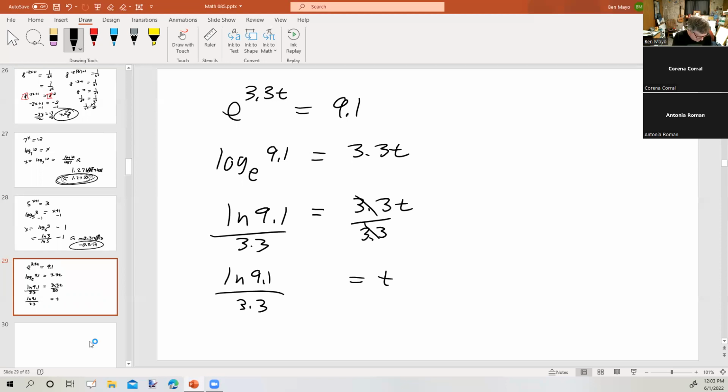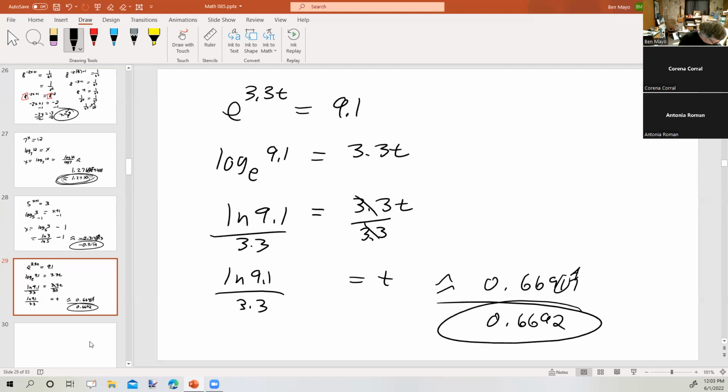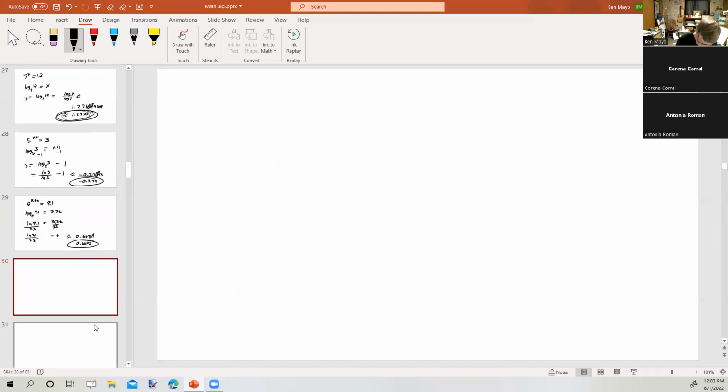So natural log of 9.1, close it up, divided by 3.3, and I get 0.66917, and it goes on from there with the 7 would round up, 0.6692. All right with that? Yes.